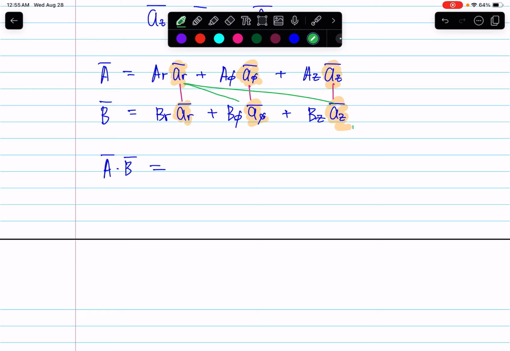So these are going to end up being 0 because of cosine 90 degrees. So what ends up being is AR BR, and of course we're going to do AR and AR, but these are 1, right? So similarly, we'll end up getting A pi B pi plus AZ BZ.